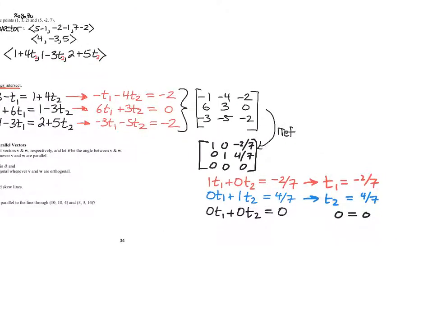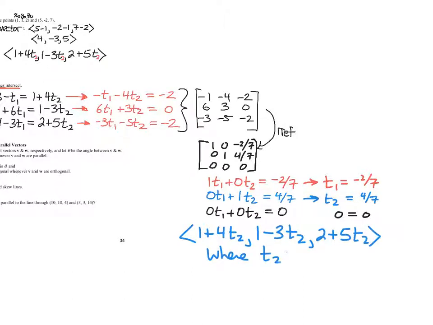So I'll take my second equation: 1 plus 4T2, comma 1 minus 3T2, comma 2 plus 5T2, where T2 is equal to 4/7.